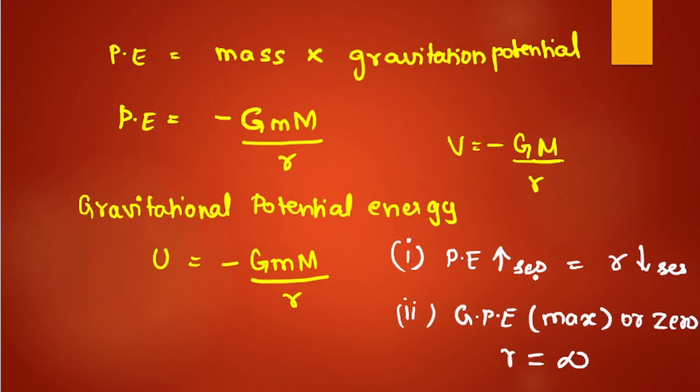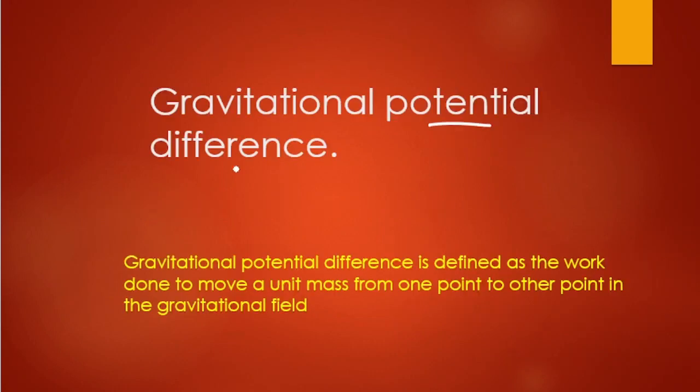Okay? Right. Next, we are moving to gravitational potential difference. What is gravitational potential difference? Gravitational potential difference is defined as the work done to move the unit mass from one point to another point. Till now, we studied only moving a point mass from infinity to the point where we need. Here, we have two certain points.